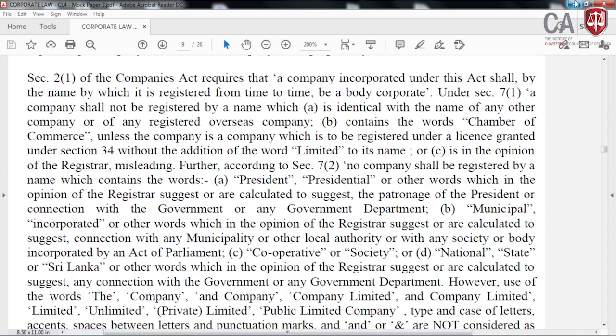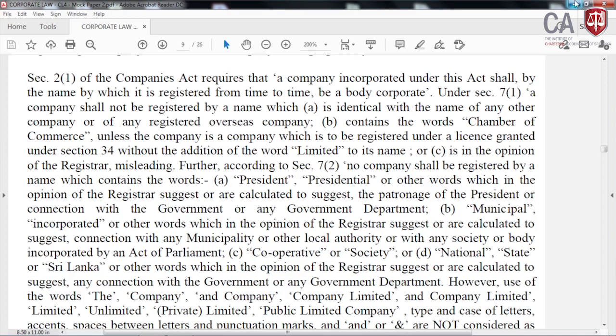Under section 7(1), a company shall not be registered by the ROC by a name which is identical with the name of any company or of any registered overseas company. Right? So where the company that seeks registration has a name identical with the name of any other company that is existing or of any registered overseas company.